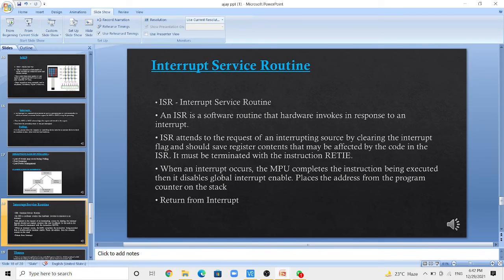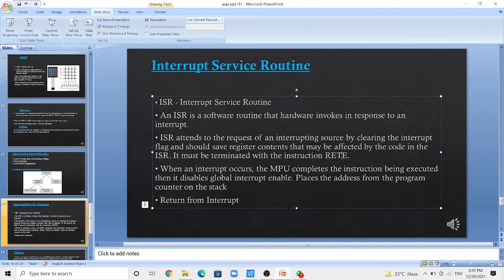It must be terminated with the instruction return, RETI. It's a printing mistake, so we can ignore this. By using this return instruction, we can quit that interrupt.